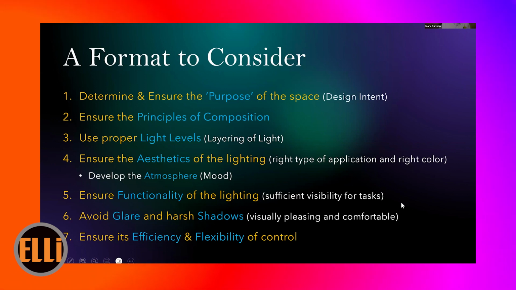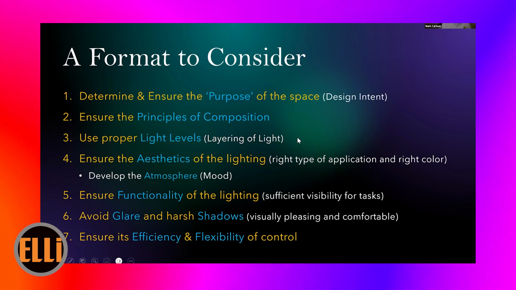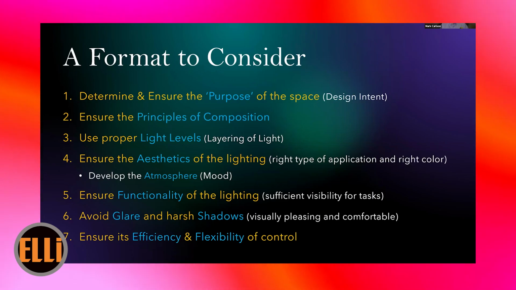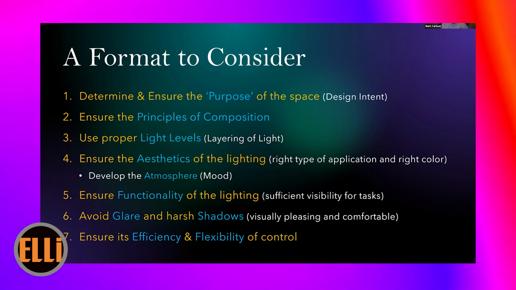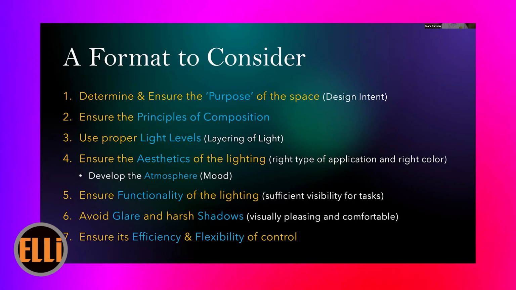And along with that, this is number 3, use proper light levels, layering of light. This is important because this is how you create depth. We talked about ambient light. That's the general lighting of the space. So you've got to have a nice, soft, even level of lighting throughout, at least in areas where there's travel, specifically pathways, access routes, whatever it is.